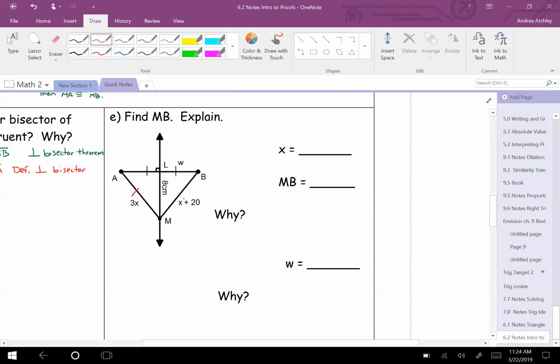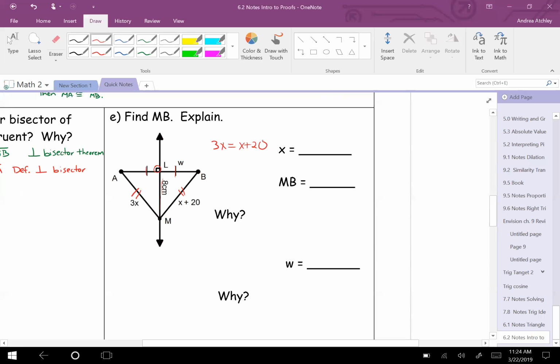So this should be congruent to this. You can see that this line LM is the perpendicular bisector of AB because it has a right angle and cuts it into two congruent parts. So that means I can have 3x equal to x plus 20.